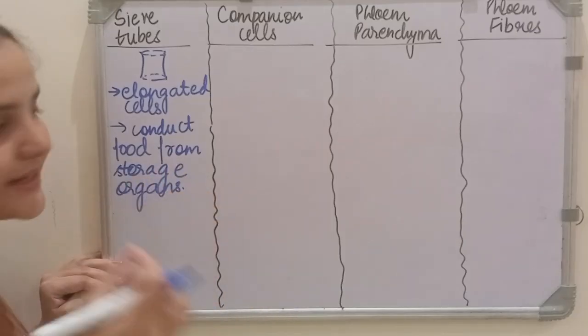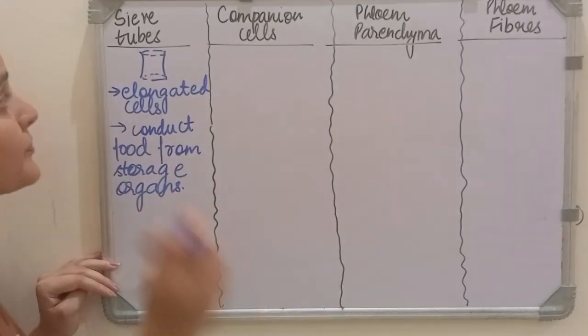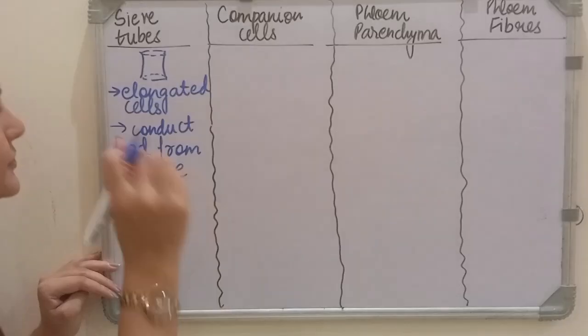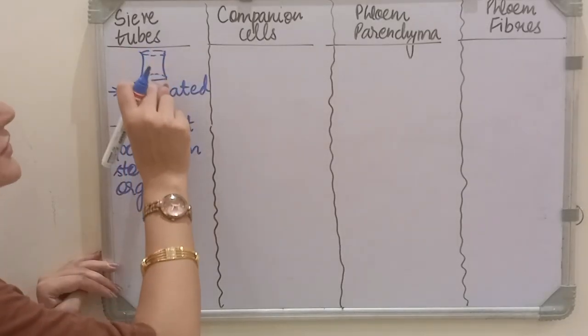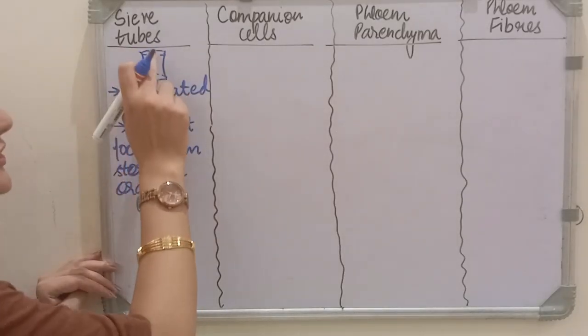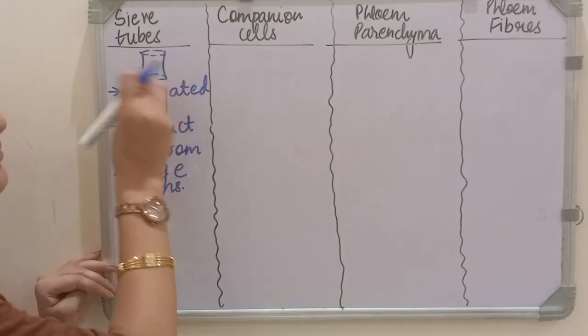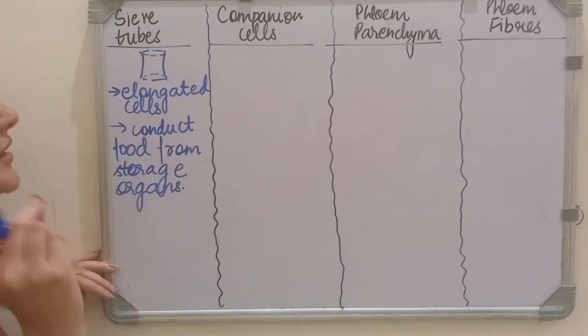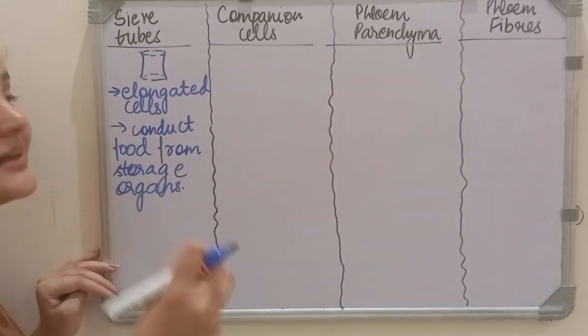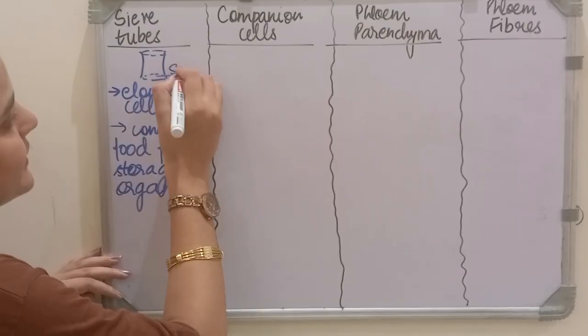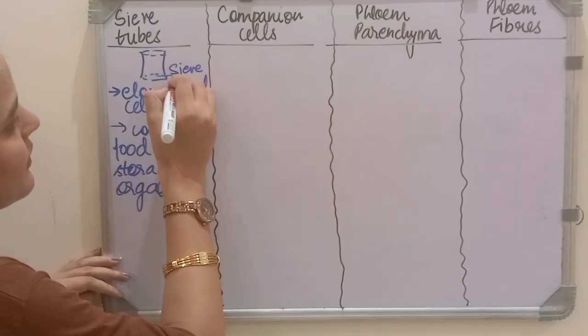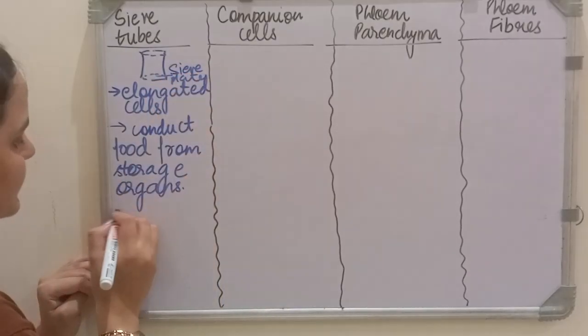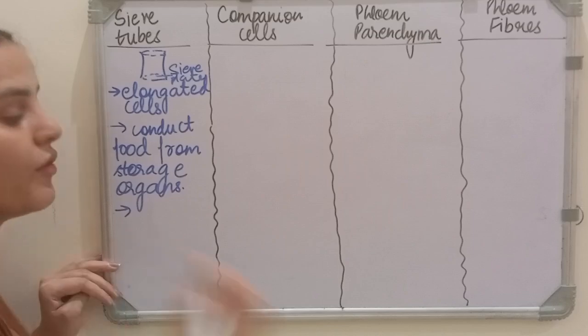Just complete this sentence. Now, these sieve tubes, their transverse walls are perforated. You may see there is a perforated opening, and that is known as sieve plate.